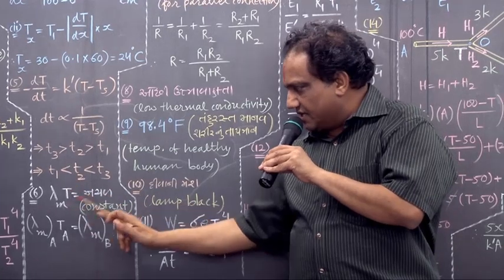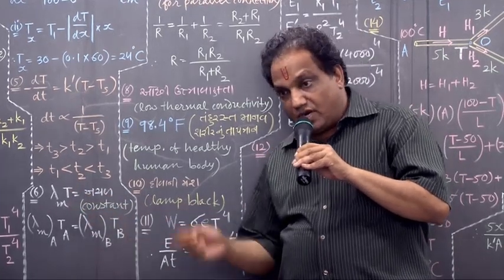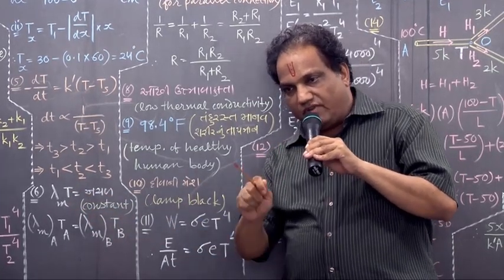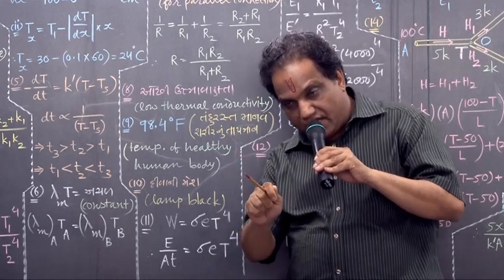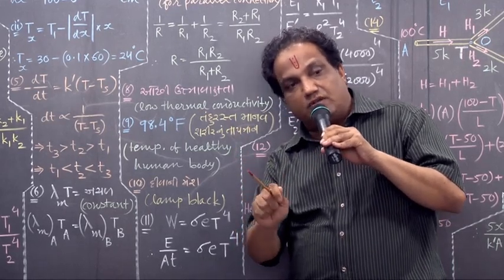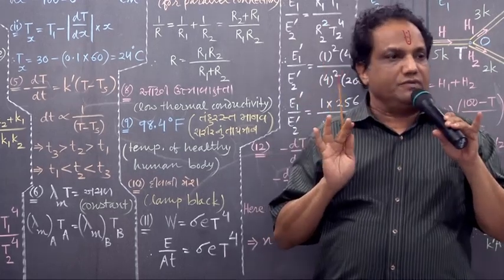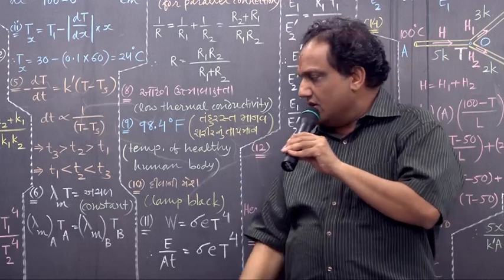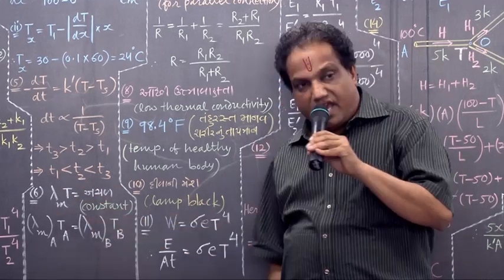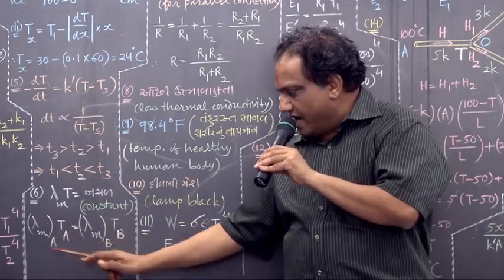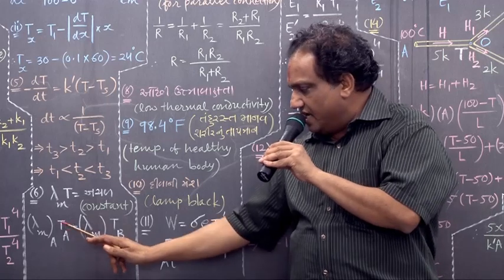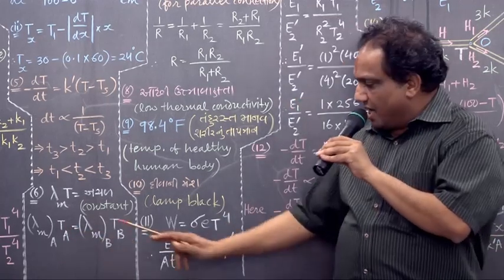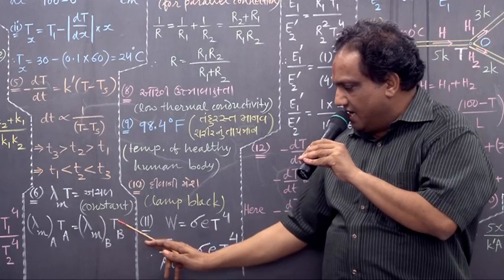Capital T is absolute temperature. See, when this product is remaining constant, what do you mean by that? Whatever is the value of that product for the first body, the same should be the value of the product for the second body. So the first body is body A, the second body is body B. So I am taking this product for body A this way: lambda MA into TA equals lambda MB into TB.